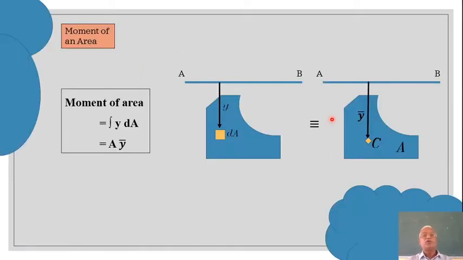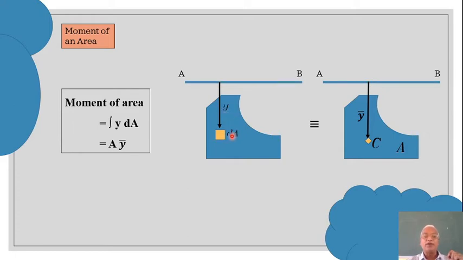There is one more concept of moment of area. Now the moment of a force is force into distance. Moment of area is area into distance. Now there is a reference axis AB. You have some random figure. We have considered only a small elemental area dA, which is at a distance y.